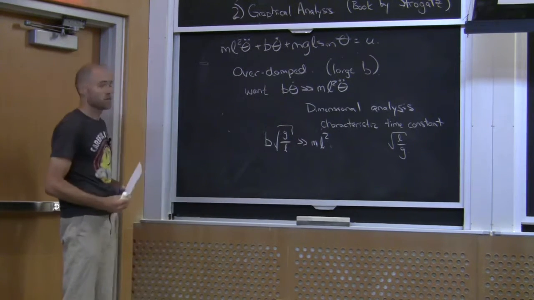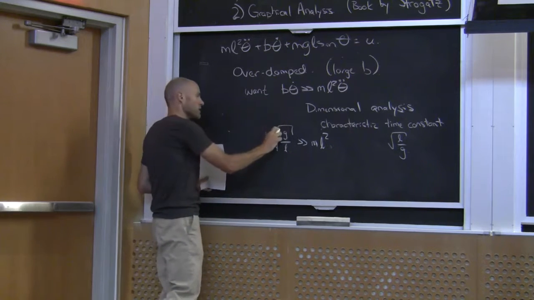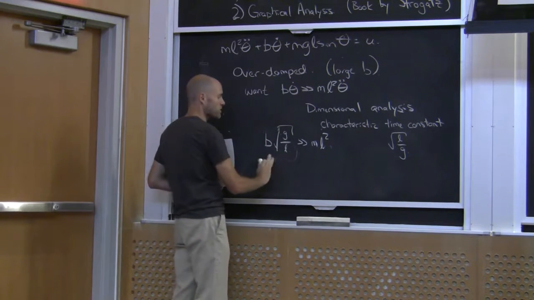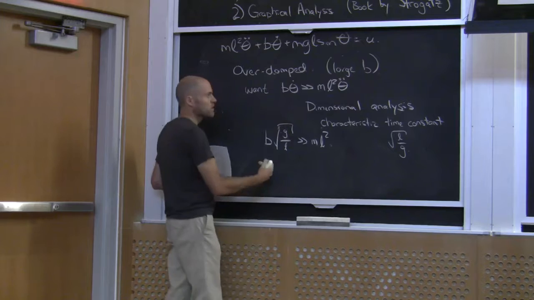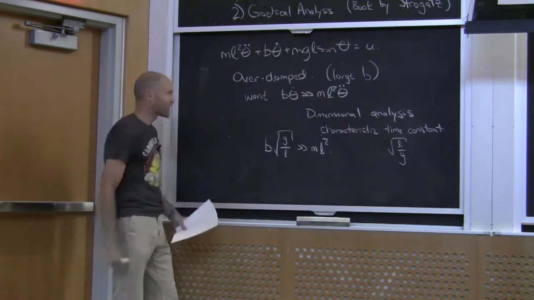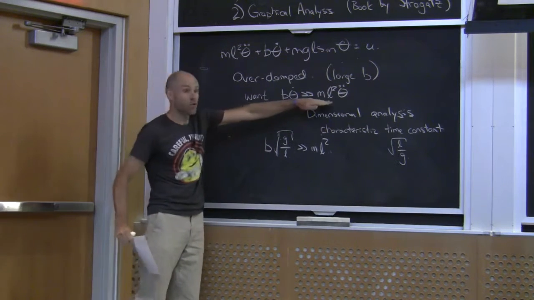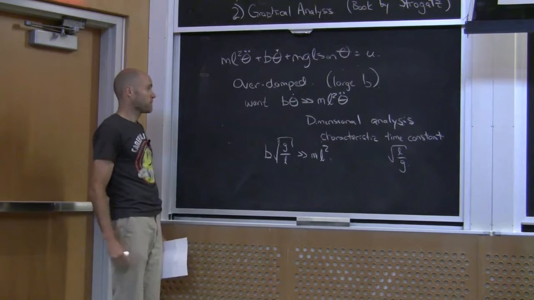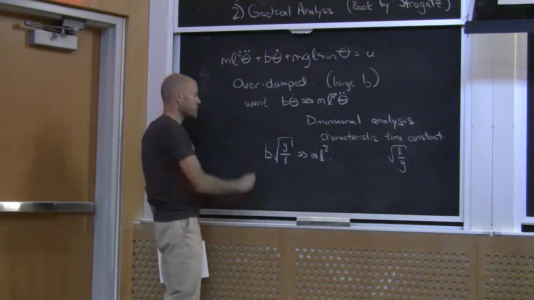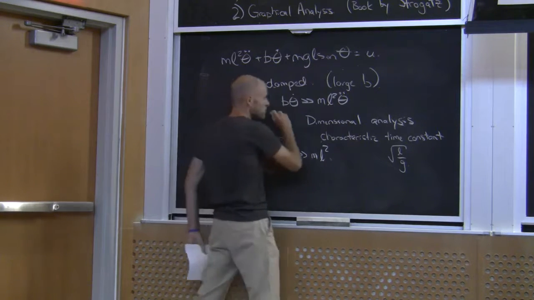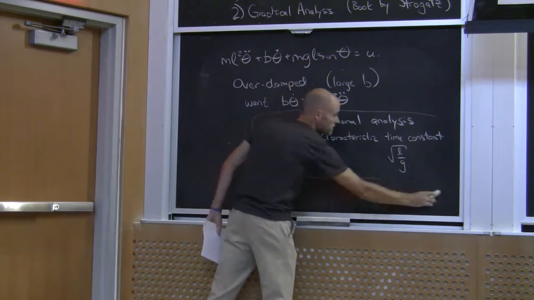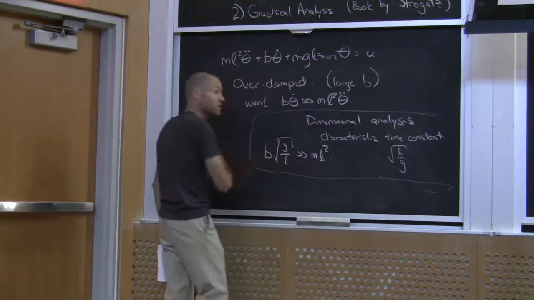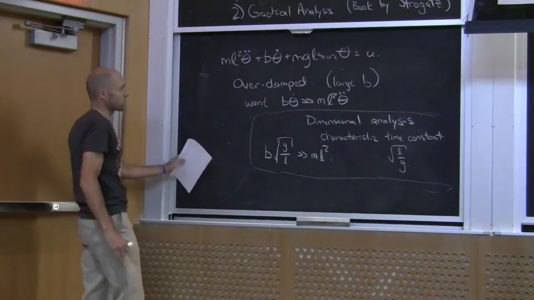Okay. So if I'm in this parameter regime where this is true, then for any characteristic trajectories of the system, this will be true. It's just a useful aside that thinking about units can help you make more general statements about the systems.